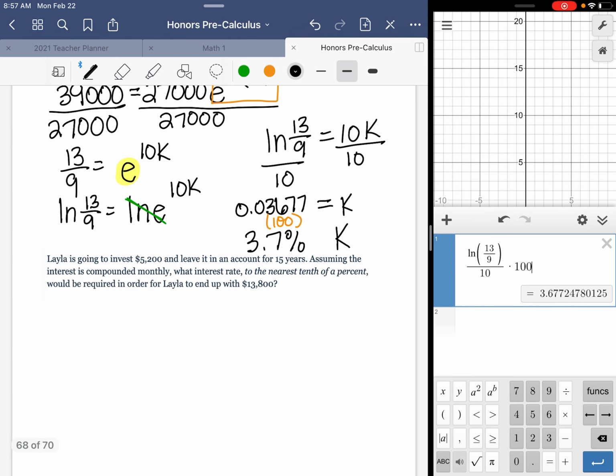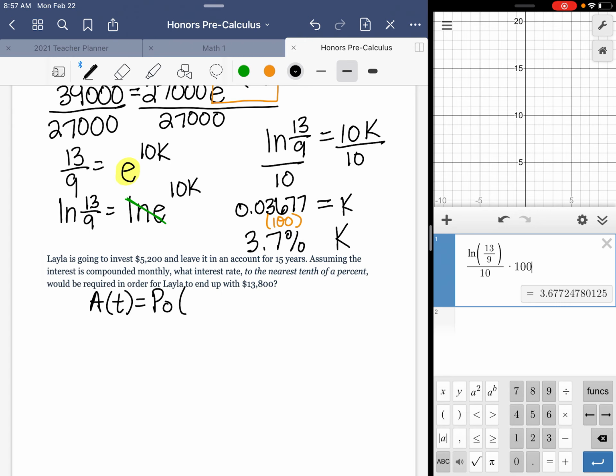All right, so a very similar problem, again, just a little bit different. So it says Layla is going to invest $5,200 and leave it in the account for 15 years, assuming the interest is compounded monthly. So we're going to be doing our compound formula this time. We're still going to solve for the rate, but we're going to end up with 13,800. So we have our compound formula.